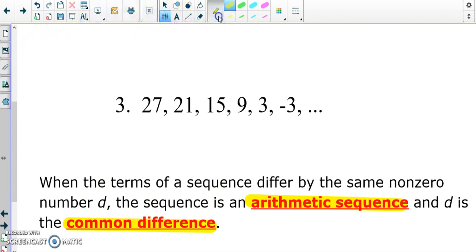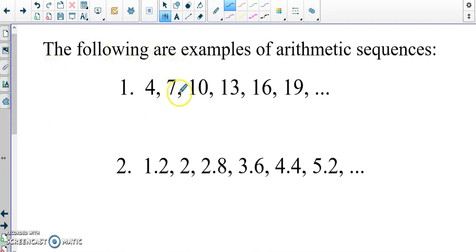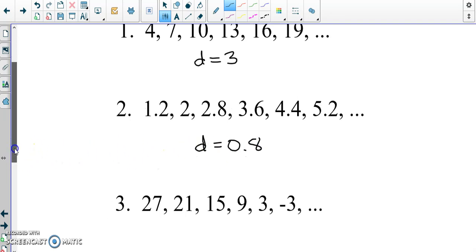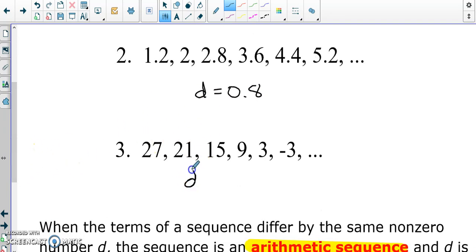For this first one, since we increase each one by 3, D would be 3. For the second one, since we increase each one by 0.8, our D is 0.8. And for the third one, we decreased it by 6, so make your D -6. So D can be positive or negative.